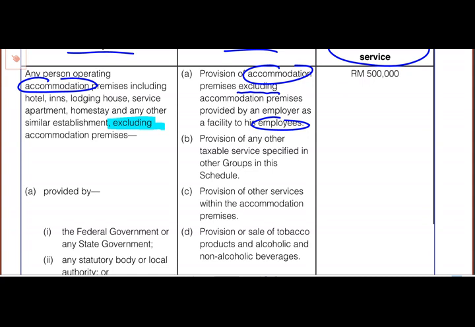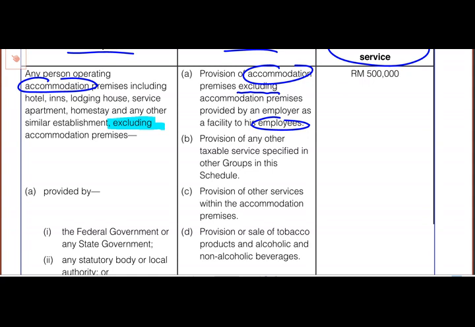Okay? So not just the account, everything. Now, like if you have a restaurant in a hotel, then the restaurant will also need to impose 6%. Because any other services in other group, but it comes under you, then it will also be taxable.